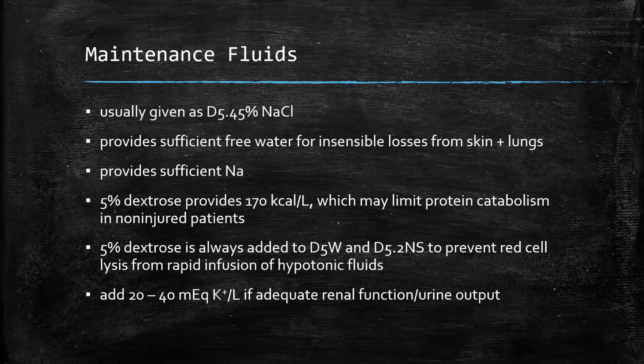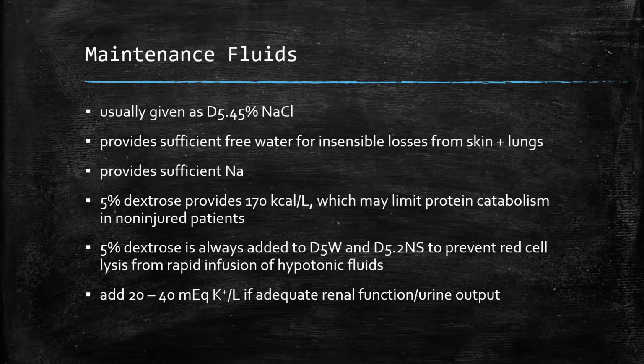The free water component is important because that's replacing the insensible losses that we can't measure. That's essentially water vapor, so replacing that with free water makes sense. The normal saline component provides sufficient salt, of course, and takes care of providing the fluid we need in the extracellular space.